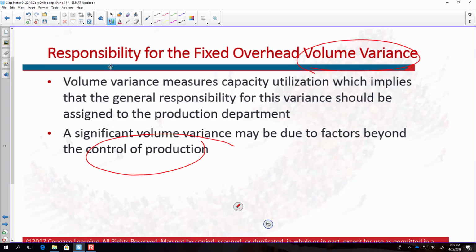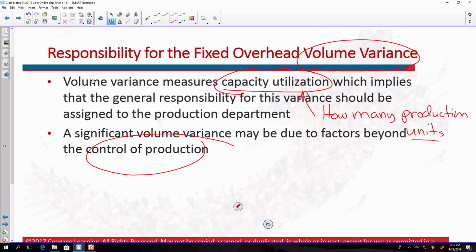And with fixed overhead, this is a measurement of capacity utilization. And capacity means how many production units. What is our normal capacity based on the number of machines we have on the shop floor?